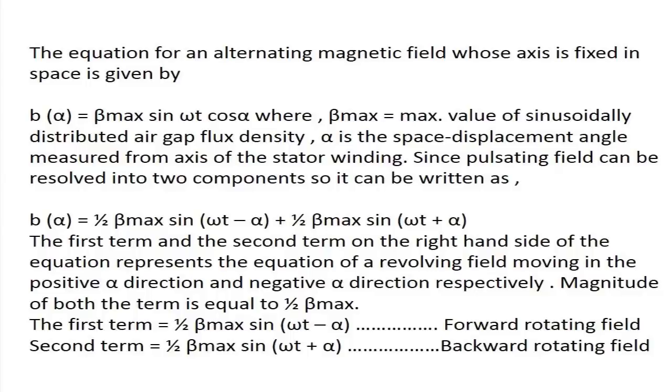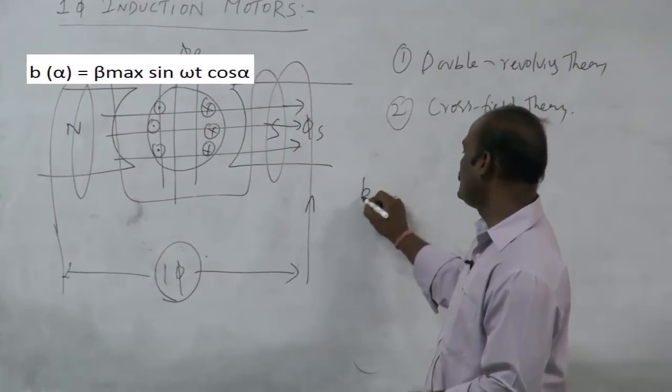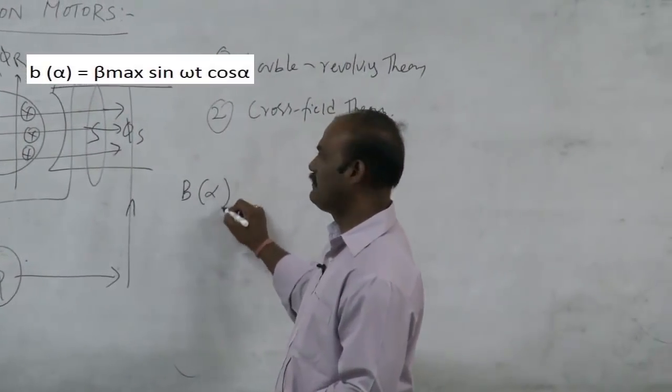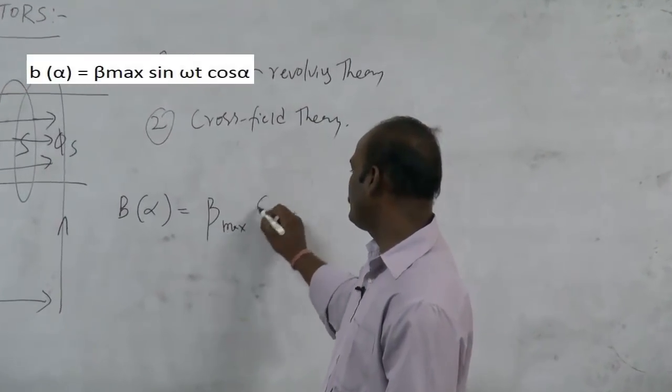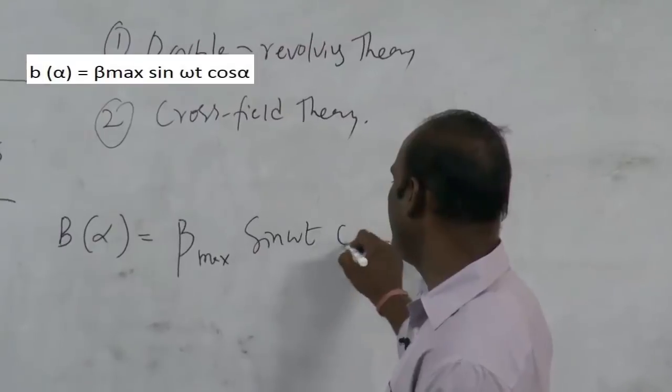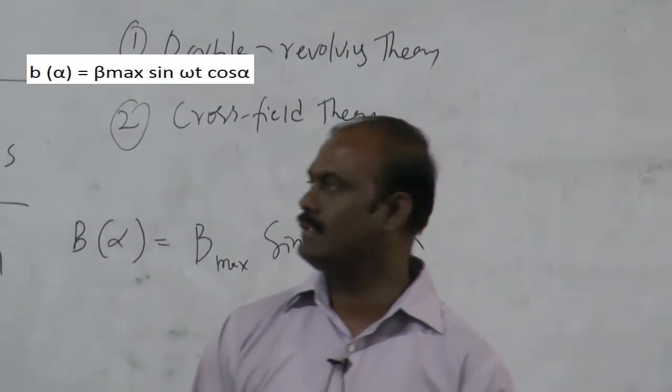The equation for the alternating magnetic flux whose axis is given by, let us say, B of alpha, is given by B max sin omega t cos alpha, right?